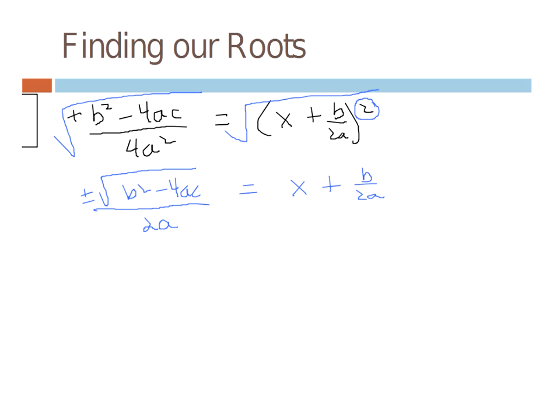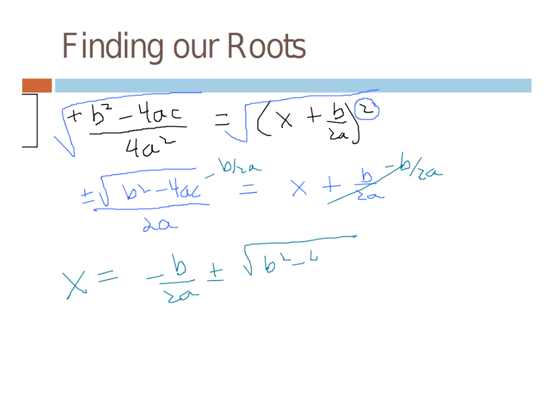Now what I'll do is subtract b over 2a from both sides. And I'll solve for x. X equals minus b over 2a plus or minus the square root of b squared minus 4ac all over 2a. And what happens here is that these are already common denominators, so I can write this.